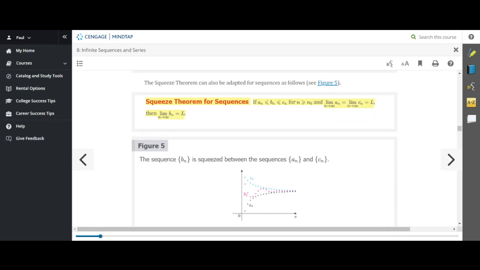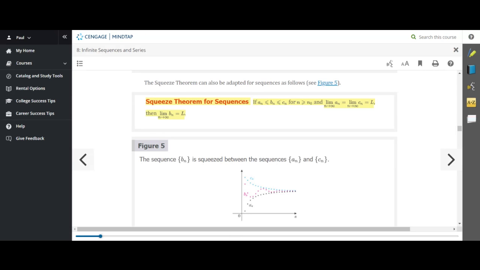Does that make reasonable sense? Okay, good. Samuel, how are you feeling about it? Is it okay? All right. Well, we've learned some interesting things about sequences.